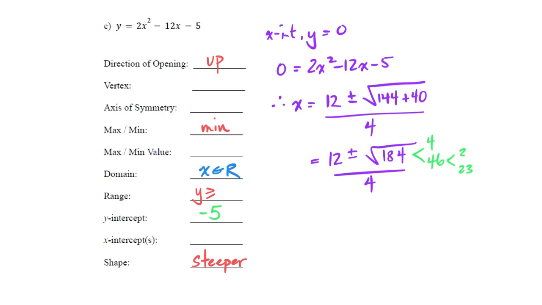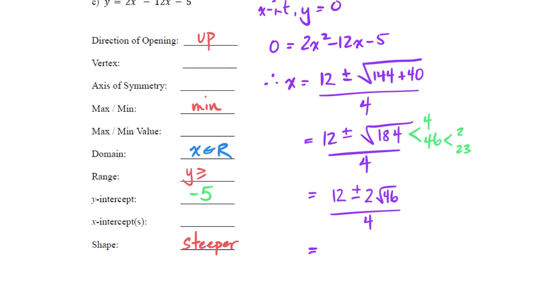So when I reduce this, I'm going to get 12 plus or minus 2 root 46 all over 4, of which I can now reduce that, divide all my whole numbers by 2, because they all share a common factor of 2, and I can shrink that down to 6 plus or minus root 46 all over 2.